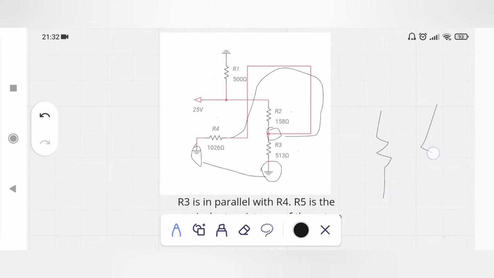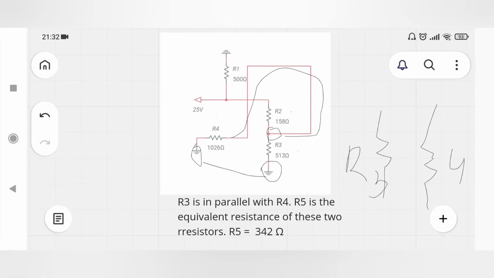That is, this is R3 and this is R4. They are connected like this. R3 is in parallel with R4, and R5 is the equivalent resistance of these two resistors. R5 is equal to 342 ohm.